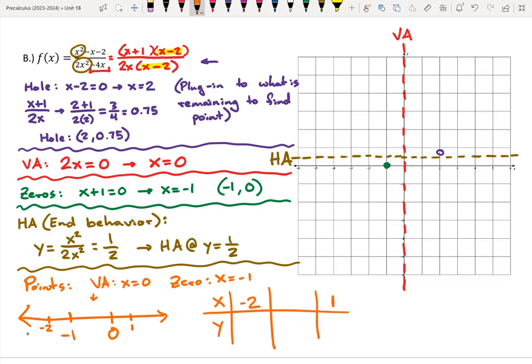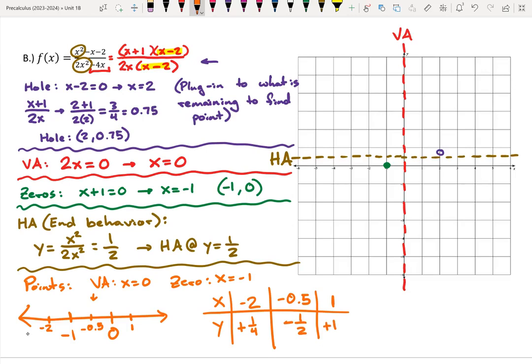Negative half, yeah. So negative 0.5 would be a good one to plug in. All right, this is what we picked last period, so I have our values here. If we plug in negative 2, we get positive 1/4. Plug in negative 0.5, I get negative 1/2. And then plugging in 1, I get positive 1.